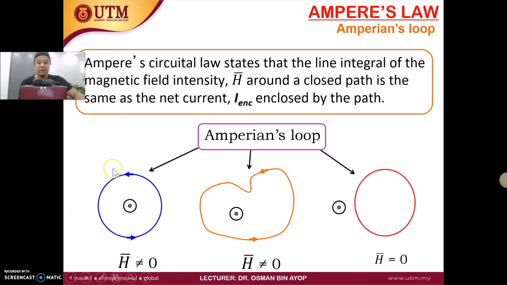Okay, for example, in the first case we have H because we have a current. In the second case, also in the Amperian loop, we have a current. But in the third case, the current is outside our Amperian loop, so the H will be 0.